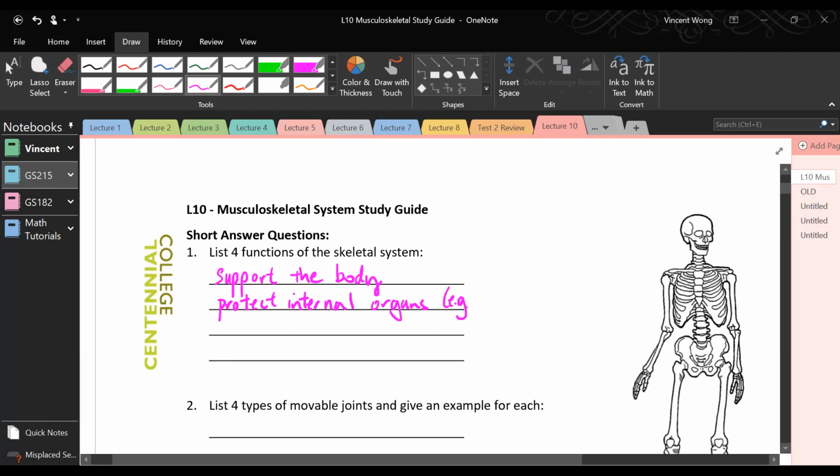So for example, the cranium protects the brain. Another function is hematopoiesis, which is the production of blood cells.